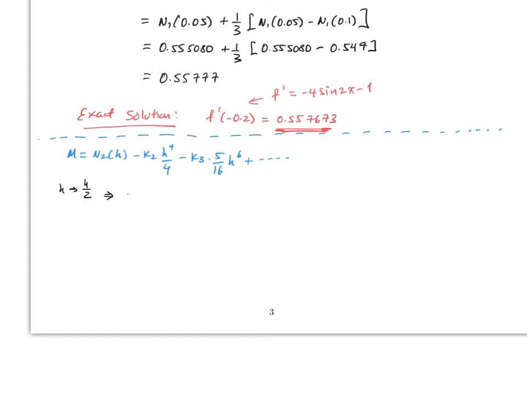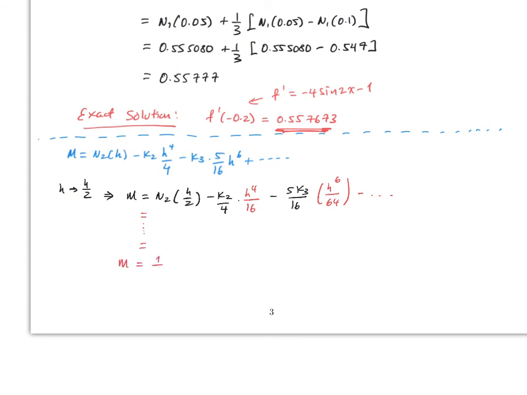So then from here we will have now M equal to N2 of h over 2 minus k2 over 4 times h to the 4 over 16, and then minus 5k3 over 16 times h to the 6 over 64, minus that. Now, if you do the same algebra we did, you will end up with something like this, and you should check this.